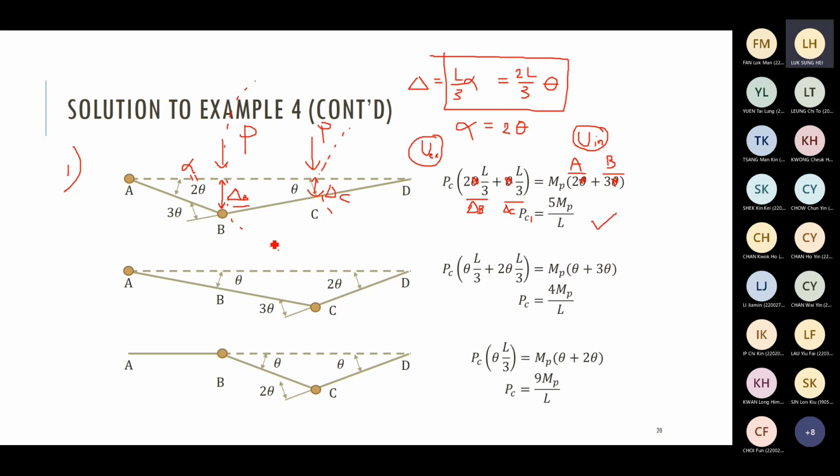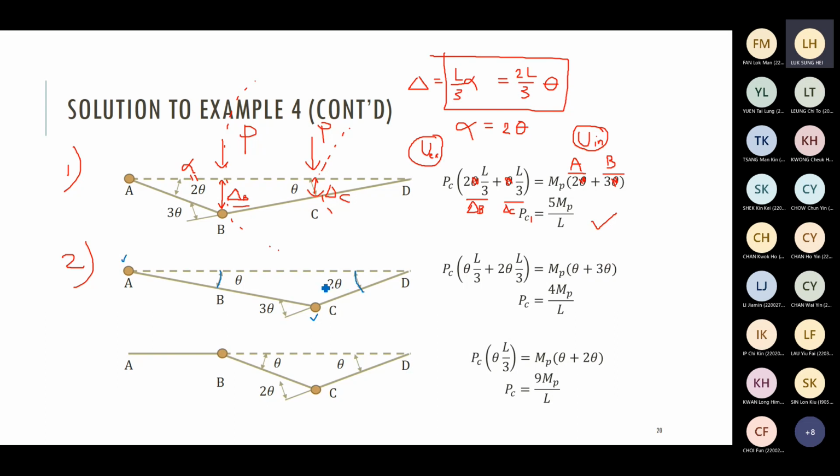We have to redo the same thing again for case 2 and case 3. Same principle. You have to apply the same principle for case 2 and case 3. The procedure is quite similar. Say for example, when you consider case 2, the plastic hinges form at point A and point C. You can set up the corresponding rotation, theta here, 2 theta on the other side, just the reverse.